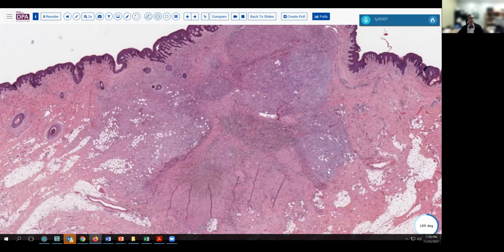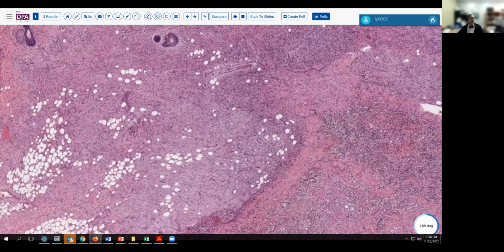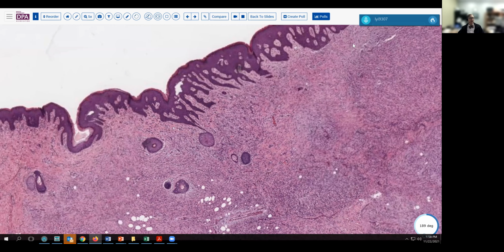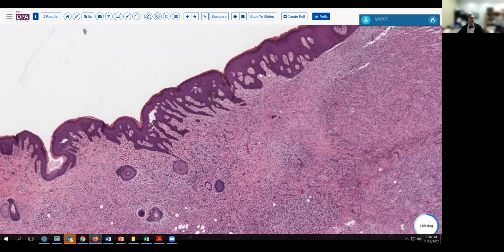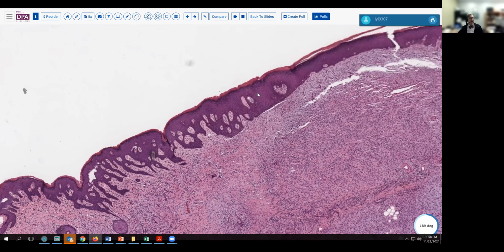And then on the periphery, we see this lesion growing amidst the dermis, infiltrating into the subcutaneous fat. Now, in general, there will be something of a little bit of a grenz zone between the epidermis and this tumor, but that may be a little bit obscured. And you may get some degree of epidermal reaction, as you see here, over the surface of this tumor.